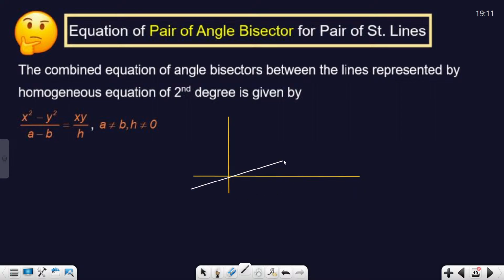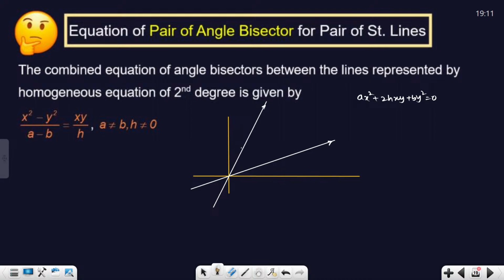It means that there are two straight lines passing through the origin, right? Now, these are the two given straight lines represented by the combined equation ax squared plus 2hxy plus by squared, right? This is the combined equation of these two straight lines.